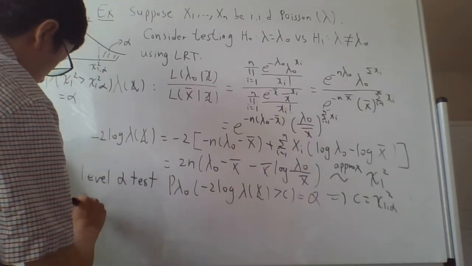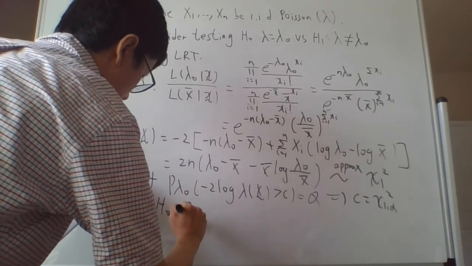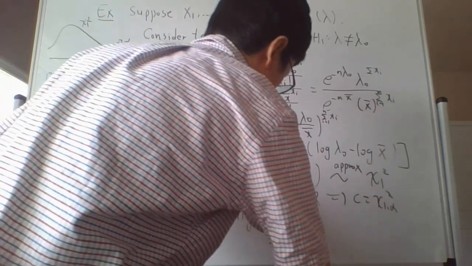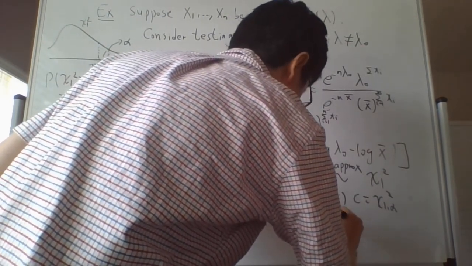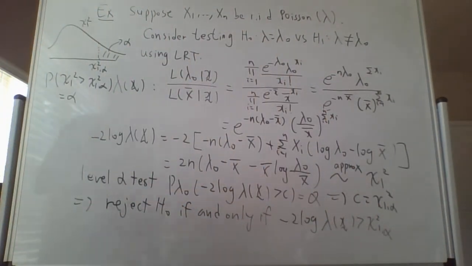So we reject H0 if and only if minus 2 times log of lambda x is greater than the 100 times 1 minus alpha percentile value of the chi-square distribution with 1 degree of freedom.